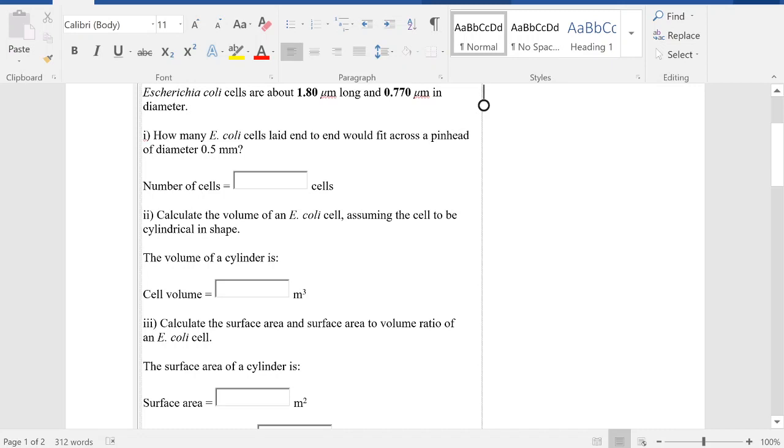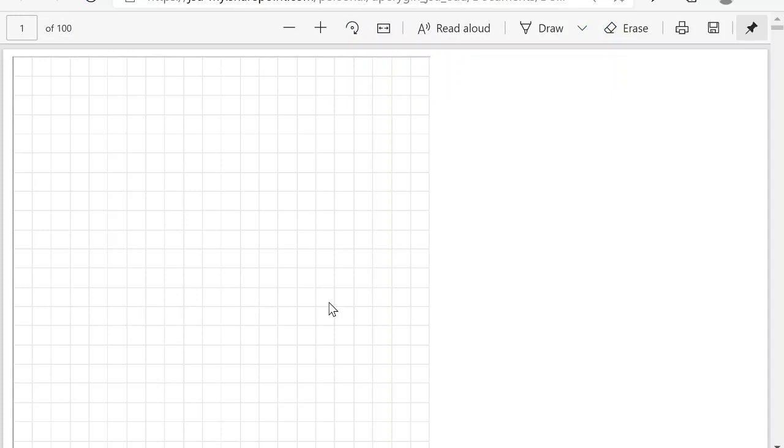How many E. coli cells laid end to end would fit across a pinhead a half millimeter in diameter? Okay, so let's go over to this PowerPoint in Edge so we can work it out. Okay, so we've got E. coli, so this is part 1.